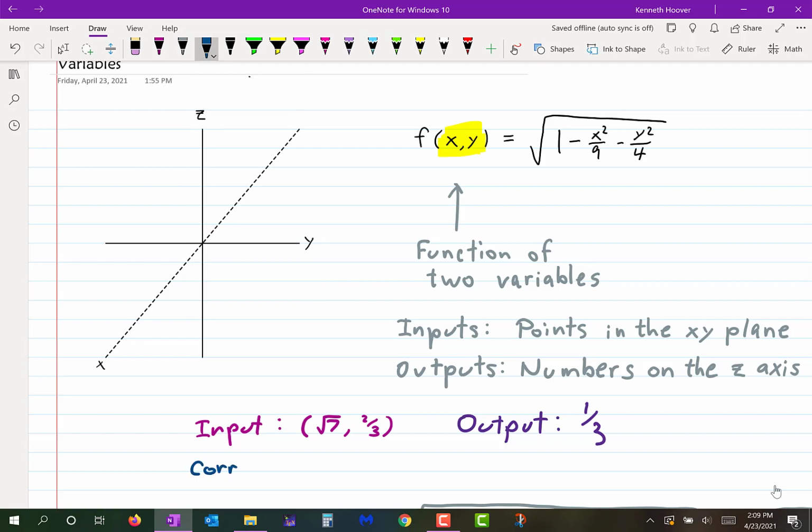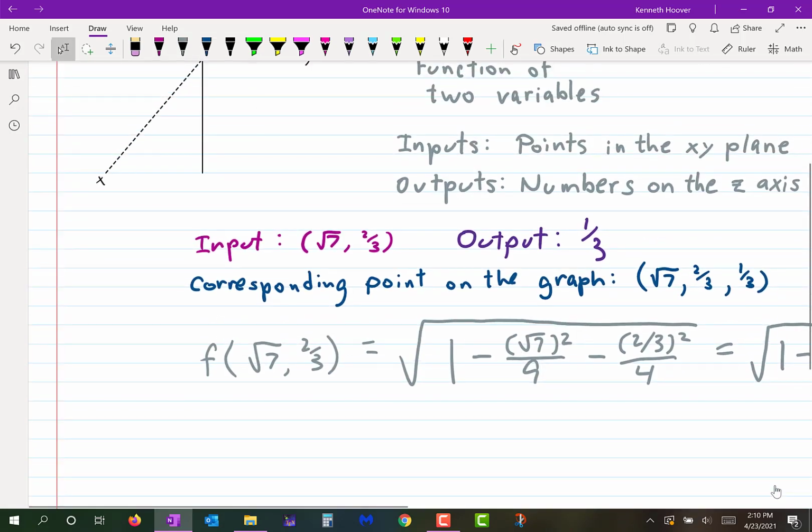The corresponding point on the graph would be the point square root 7 comma 2/3, that's your x and your y, comma your z, 1/3. Now this should actually make sense when you think about it.